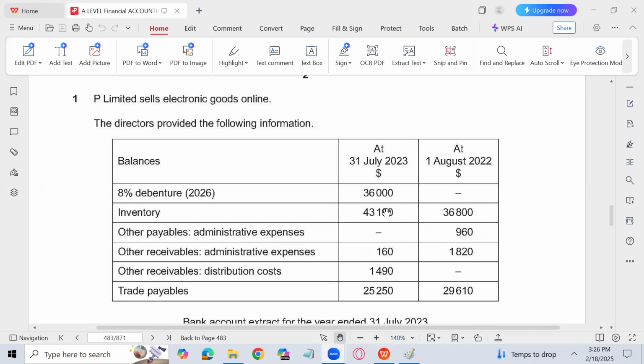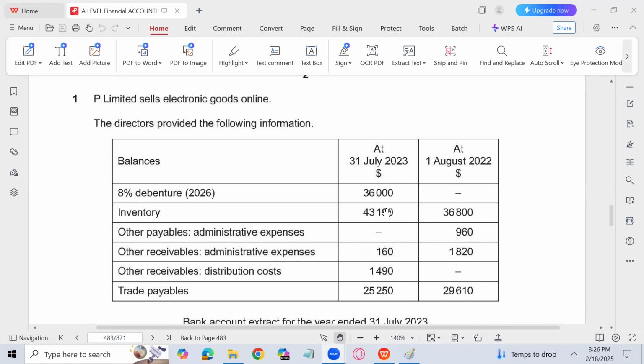It is a written acknowledgement of a debt that the company must pay back, along with interest at 8% per annum, paid annually. Until the debenture is redeemed, until it is repaid, it is a non-current liability.